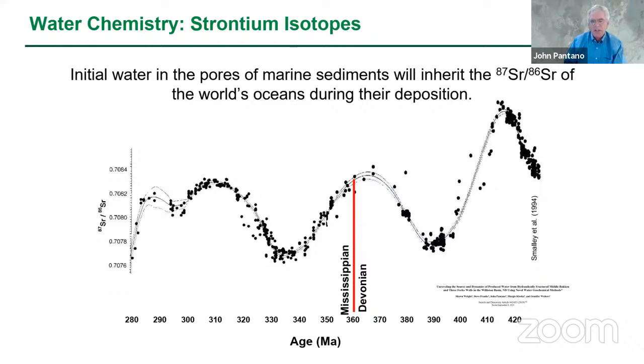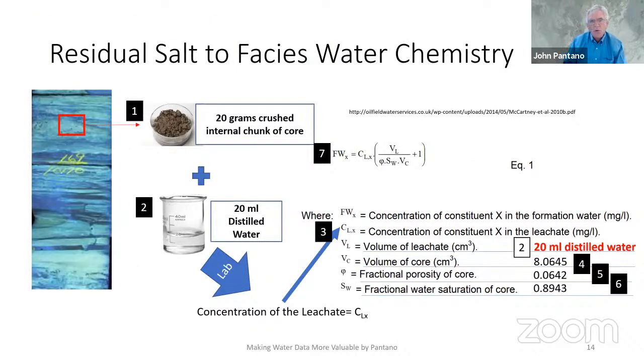Now, the big question is, can we determine the pore water chemistry in terms of strontium isotope ratios? One way to do that is to take a core, take some material out of the middle of the core, crush it up, add some water to it, then send it to the lab and have the concentration measured.